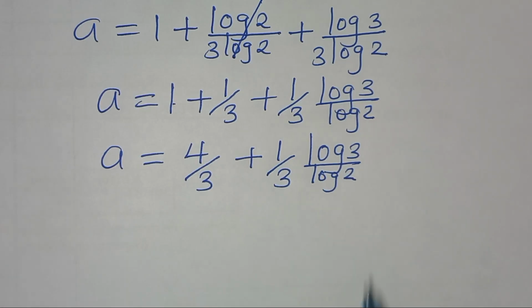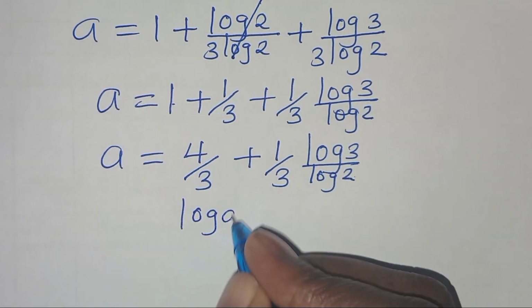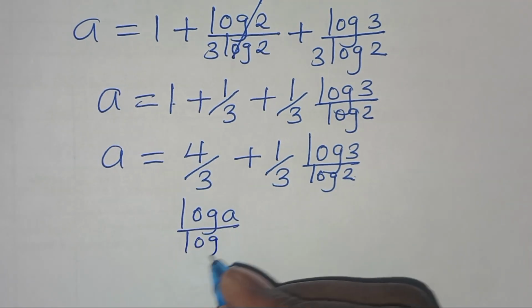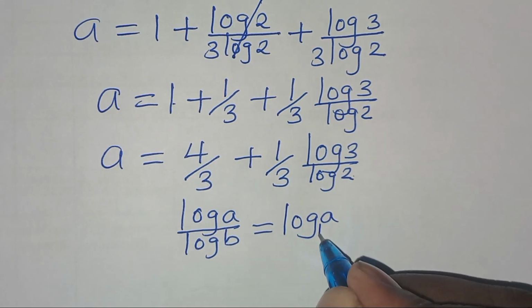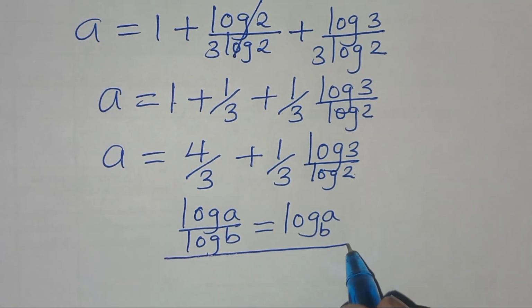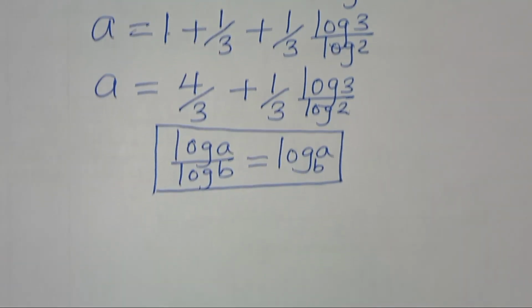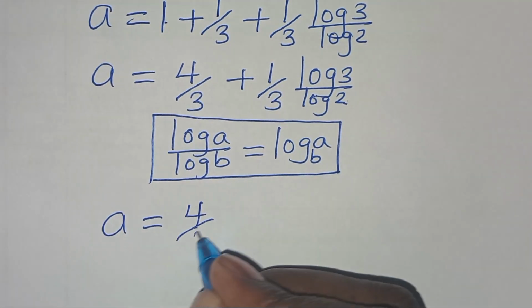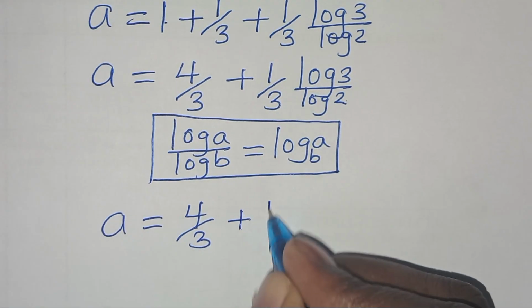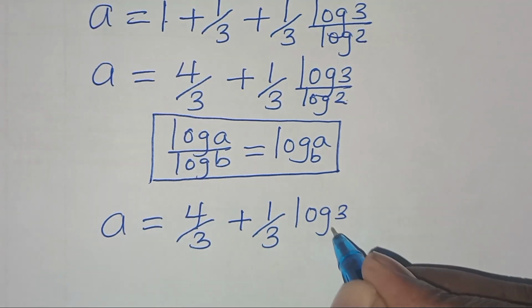The next step is that log 3 divided by log 2 is in the form of log A divided by log B, which we can express as log A to base B. Applying this logarithm property, we'll have that a is equal to 4 over 3 plus 1 over 3 log 3 to base 2.